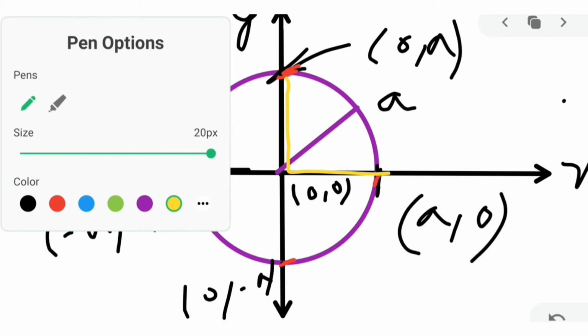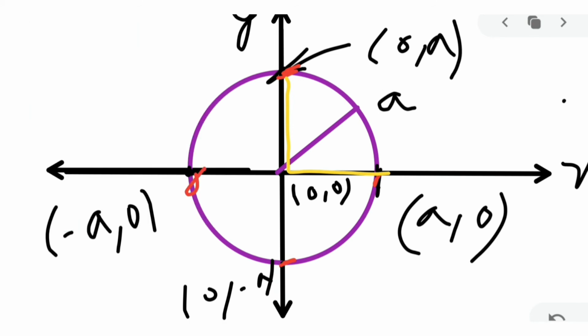So we need to integrate this region. Okay, this region. So now we have identified the region, so the second step is also done.